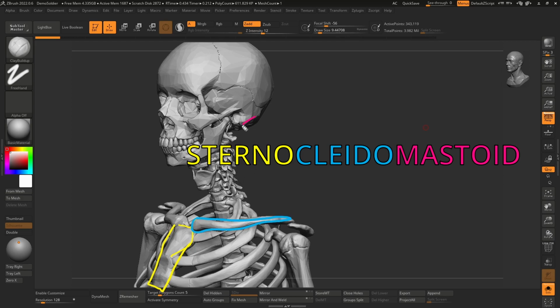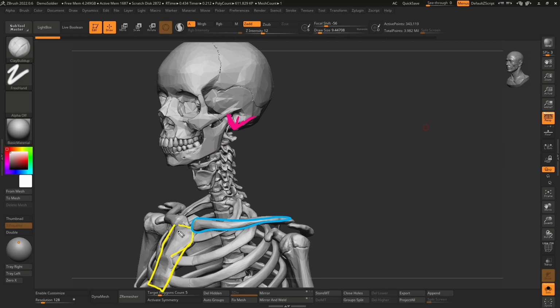And mastoid is this guy up here, which is the mastoid process. Process is also, you guessed it, a pointy bit. So this is just a pointy bit. If you were to think about the dots we talked about before, one dot is sterno, one is cleido, and the other one is mastoid. So sterno, cleido, mastoid.